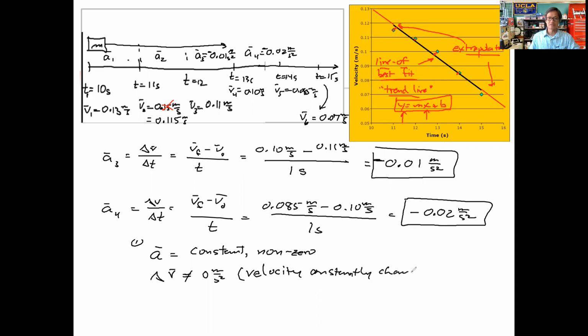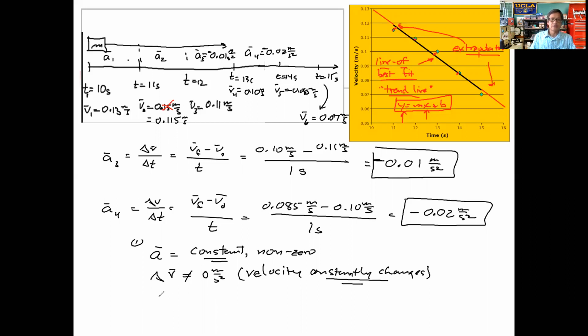So constant acceleration means the acceleration doesn't change, the velocity changes. Constant non-zero acceleration just means that the acceleration stays constant. You have the same acceleration throughout the whole time interval, but the velocity is constantly changing. So make sure you keep that in mind, so that at constant acceleration, the acceleration stays constant, but the velocity constantly changes. So that's a bit of confusion there, but make sure you keep that in mind.